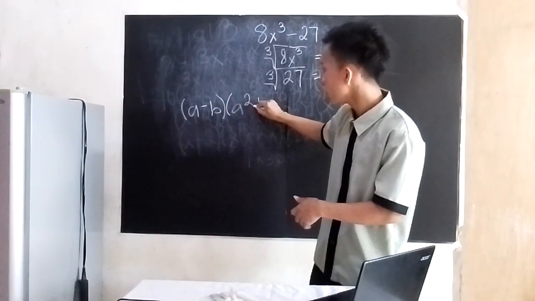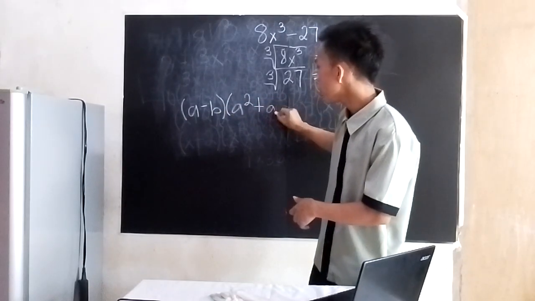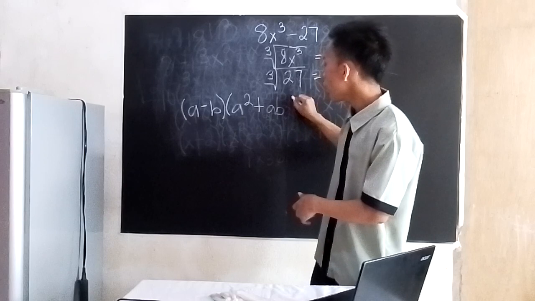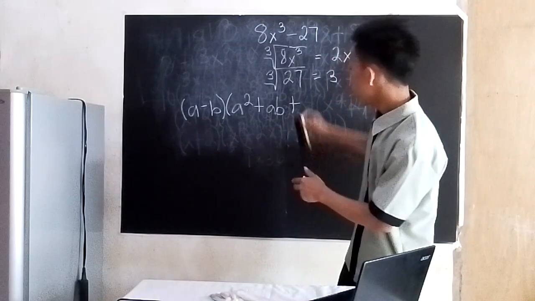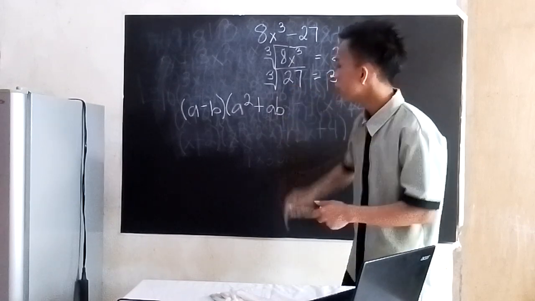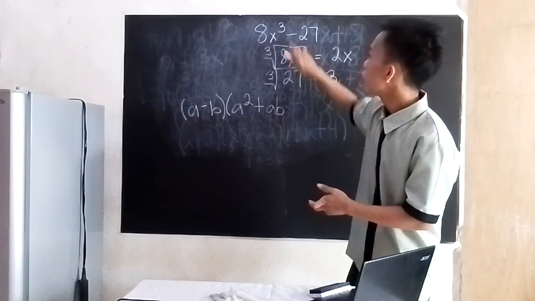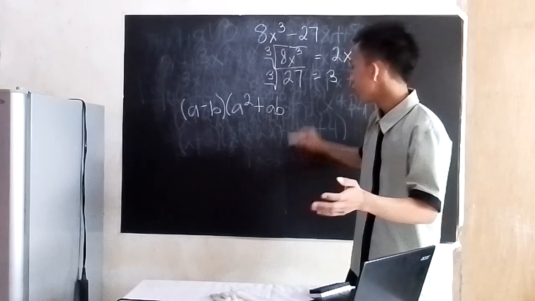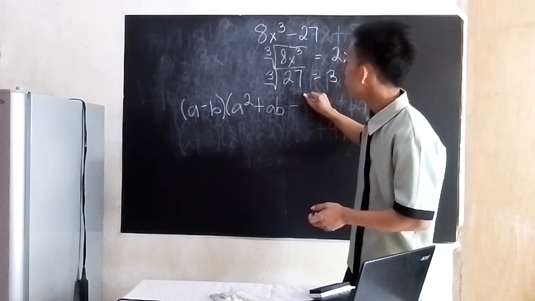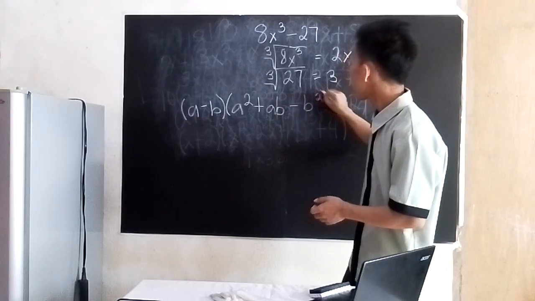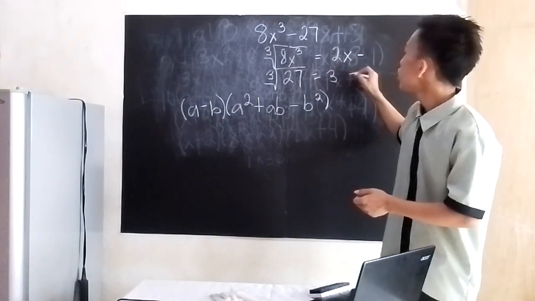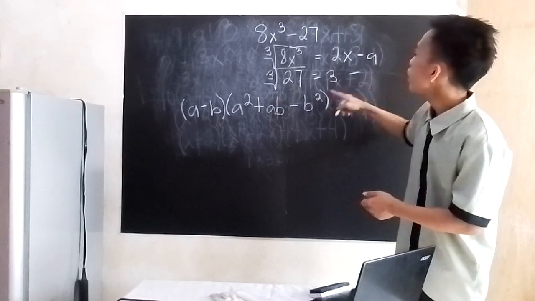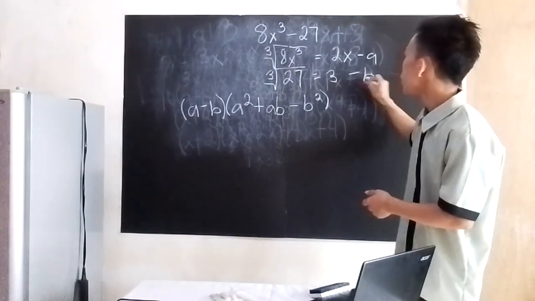That's right, so positive. AB plus, that will be the same sign. So what is the same with negative? That is negative. B squared. So let 2x be letter A and let 3 be letter B.